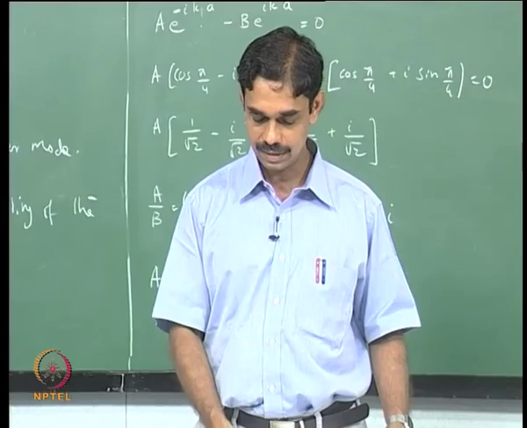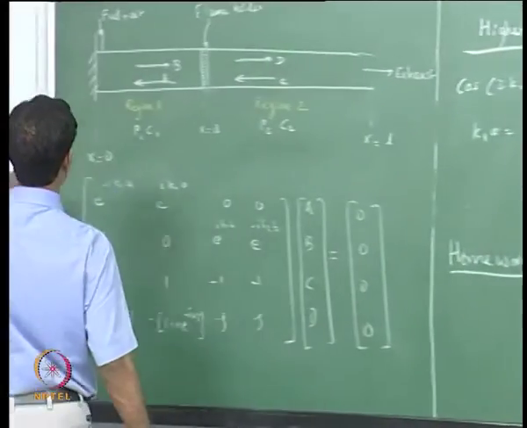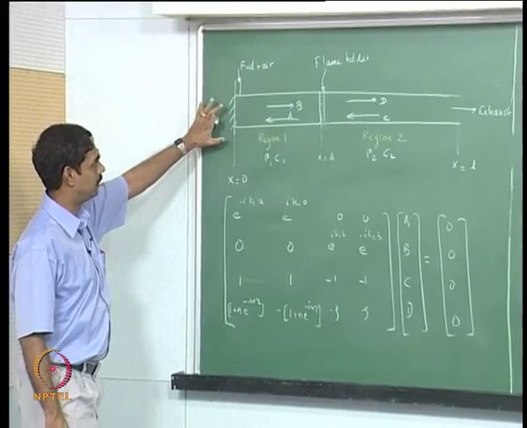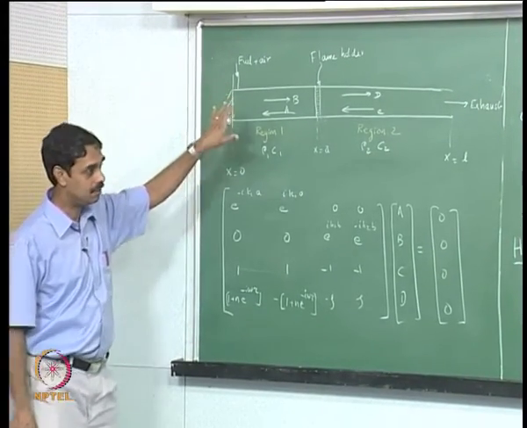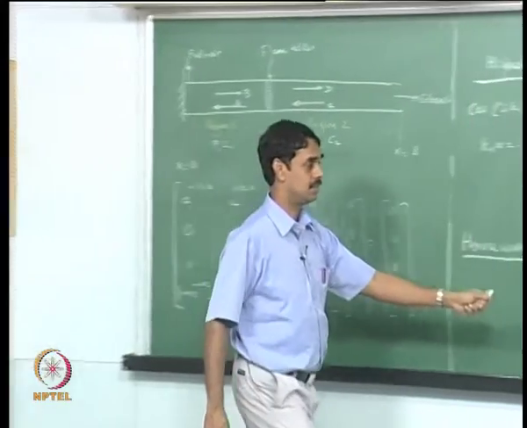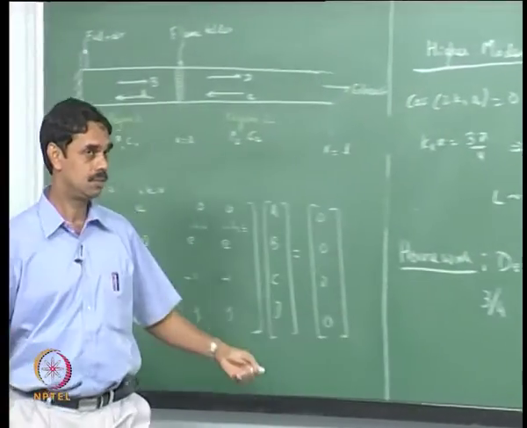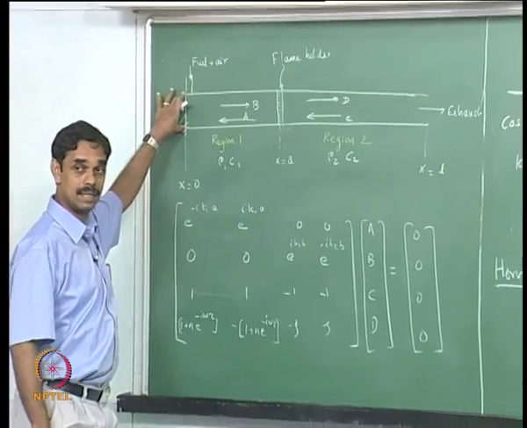But what is interesting is, if you go back to this, everything depends on the phase that is coming out because of the relationship between A and B, and we got A was Bi, and this critically affected the phase. So can we do something to alter this end condition?